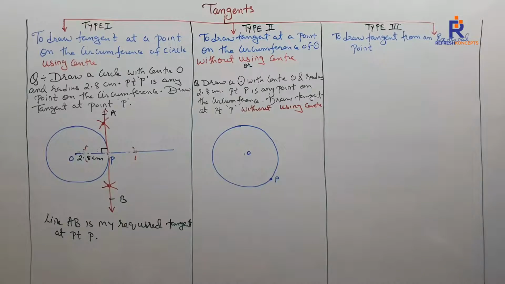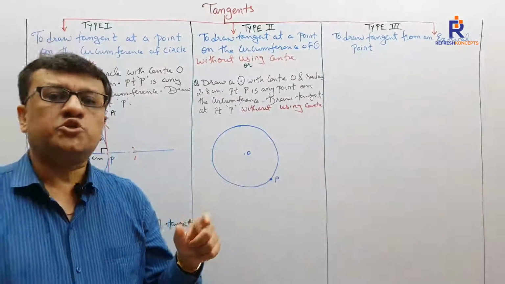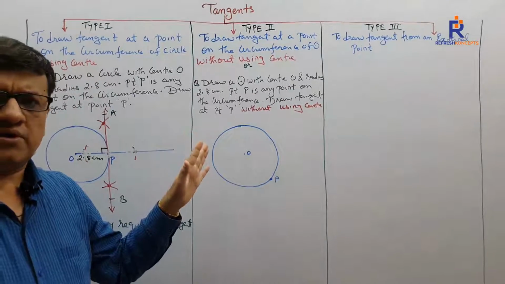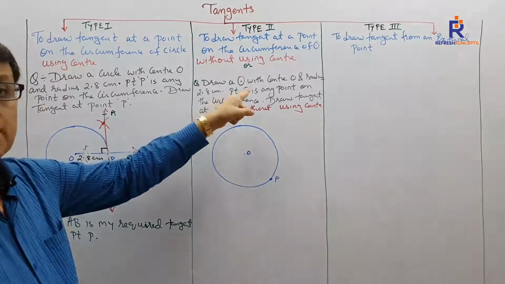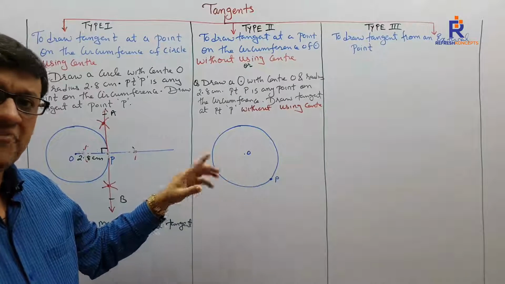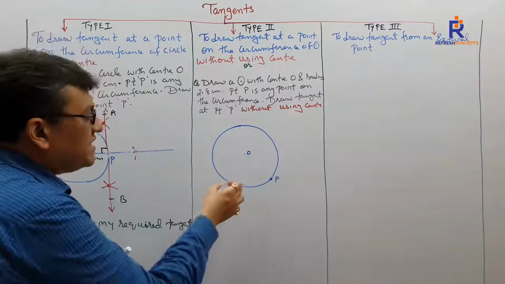What are the steps? You need to draw a chord, any chord, of any length, not mentioned. You need to draw any chord, of any length, and see to it that it intersects the circle.